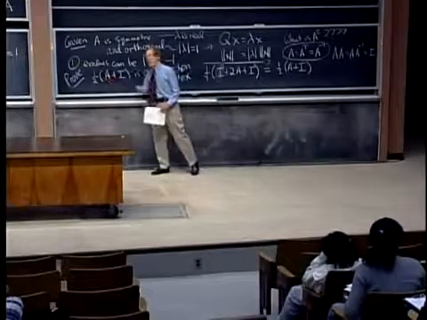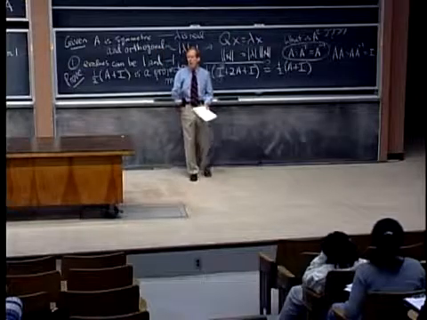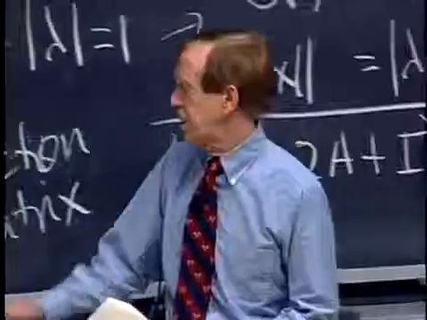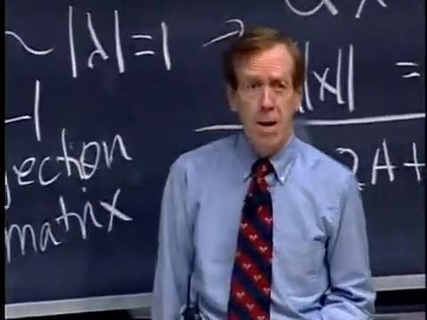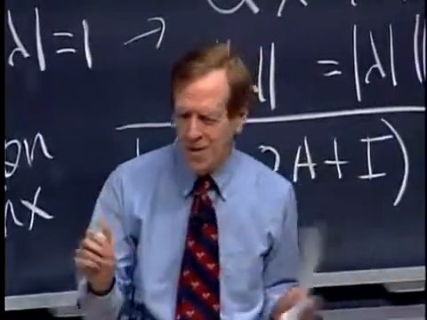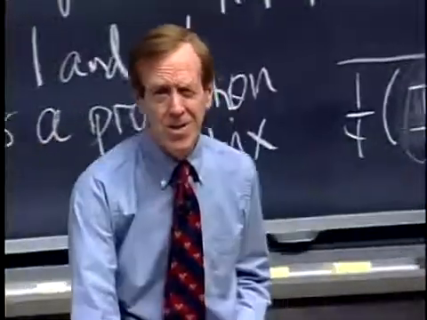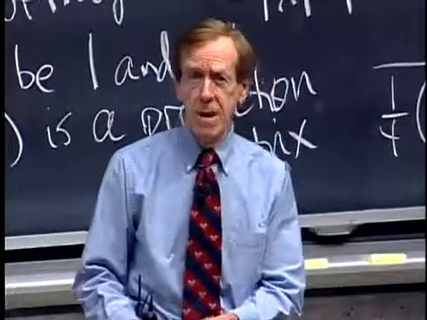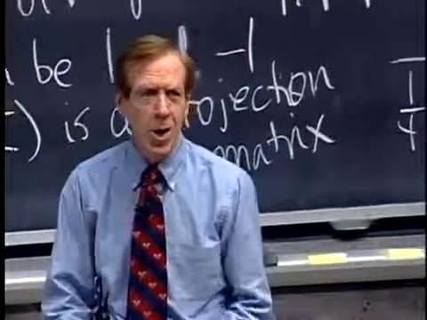And then when I divide by 2, the eigenvalues are 0 and 1. So it's symmetric. It's got the right eigenvalues. It's a projection matrix. OK, you're seeing a lot of stuff about eigenvalues and special matrices, and that's what the quiz is about. OK, so good luck on the quiz.